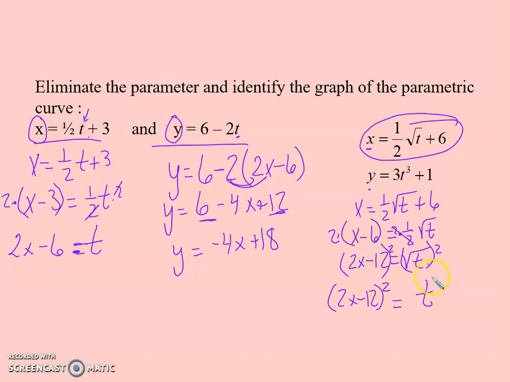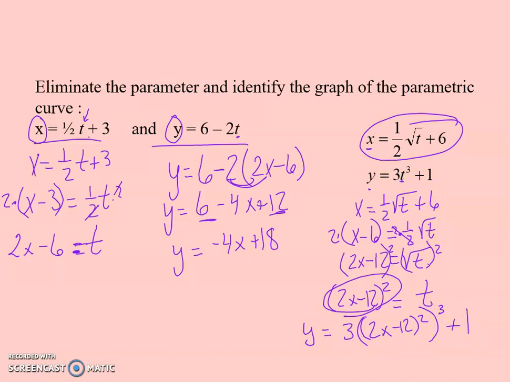All right, so we're going to replace the t here with this value. Okay, so we have y equals 3 times ((2x minus 12) squared) to the cube. Alright, that's a very big difference here.